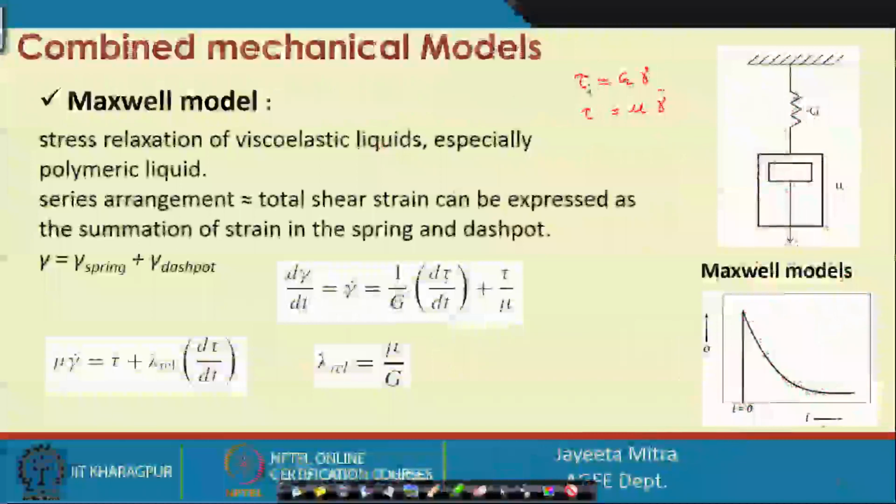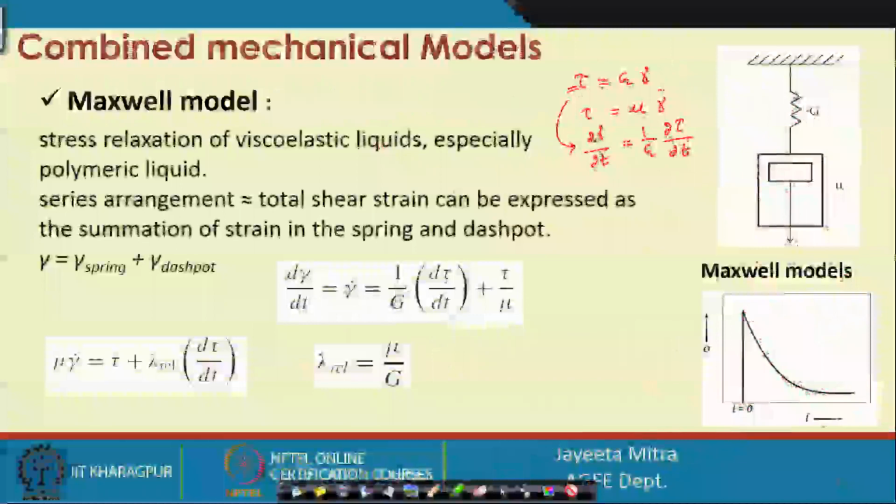So, if in this equation we differentiate with respect to time, we will get d gamma by dt equal to 1 by G into d tau by dt.